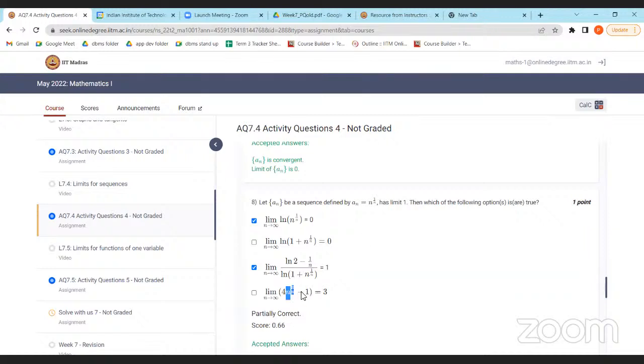So what will it give me? Same thing, right? Are you getting it, or am I confusing you? I'm just applying the properties, nothing else. That's it.